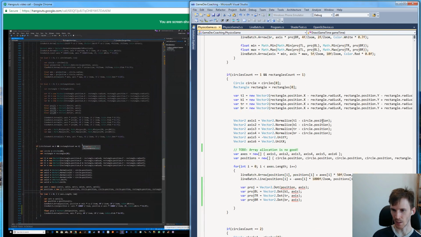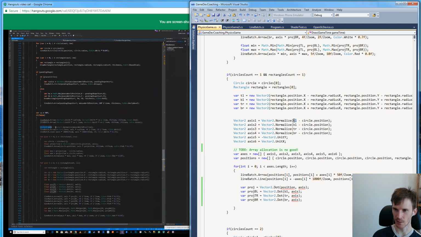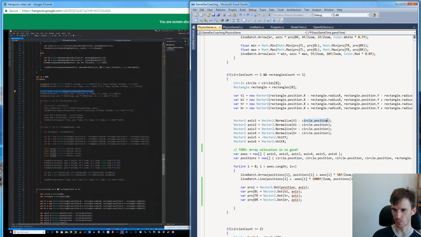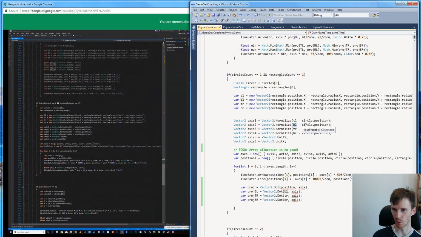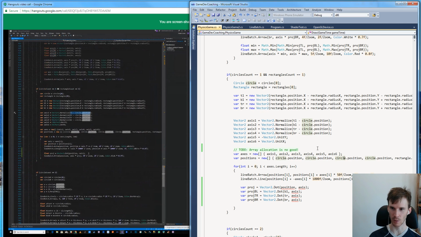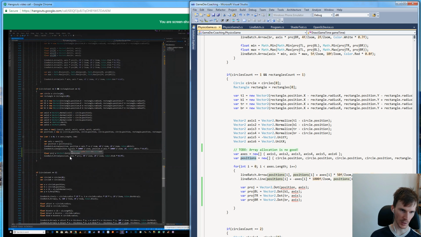So what's happening here is when we get an axis, it's top left minus circle position, bottom left minus circle position, and then over here we've actually gone and got a position for what that's relative to. So if we want to draw something onto the axis, we're going to want to take this position and draw relative to it. That's how you get the axis and the position.